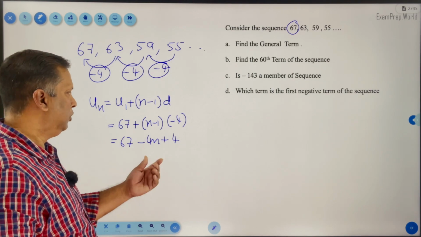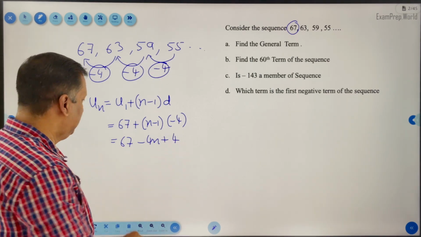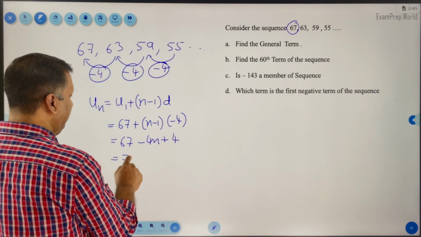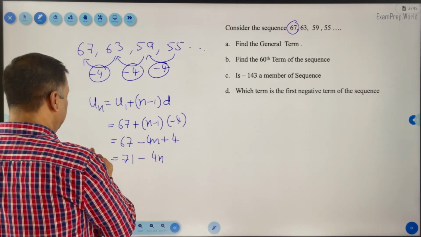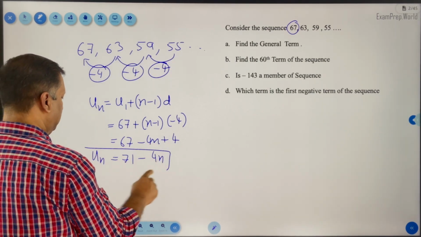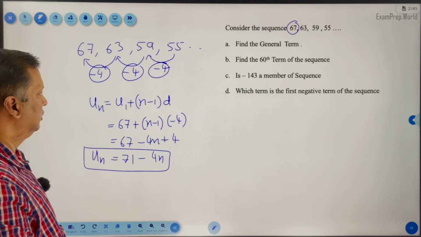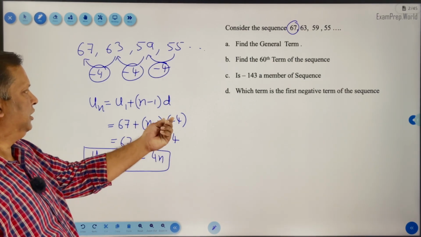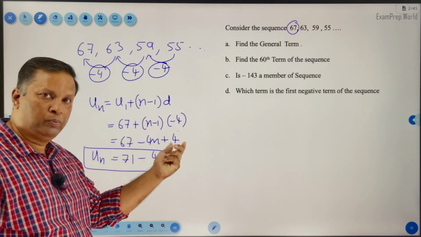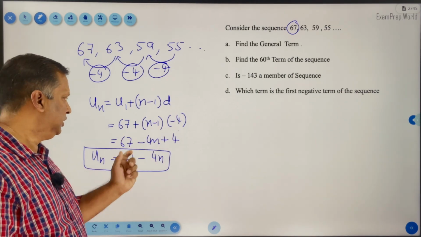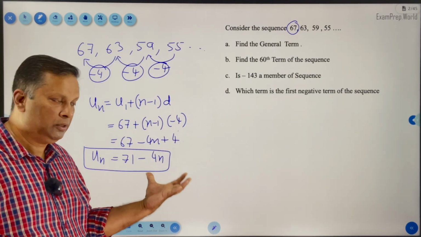So 67 plus 4 becomes 71, minus 4n. As the common difference is -4, -4 into n is -4n, -4 into -1 is +4, and 67 plus 4 is 71 minus 4n. We get our general term.